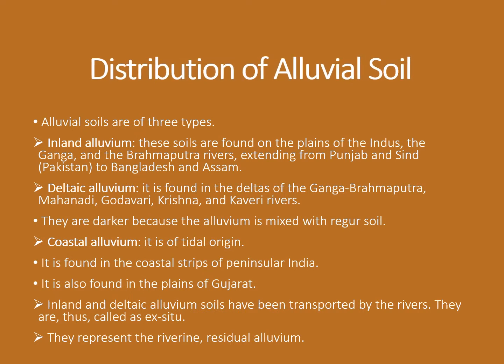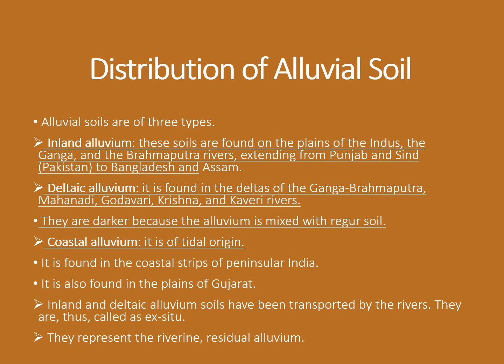Distribution of alluvial soil. Alluvial soils are of three types. They are inland alluvium, deltaic alluvium, and coastal alluvium soil. Inland alluvium soils are those which are found on the plains of the Indus, the Ganga, and the Brahmaputra rivers, extending from Punjab and Sindh in Pakistan to Bangladesh and Assam in India.